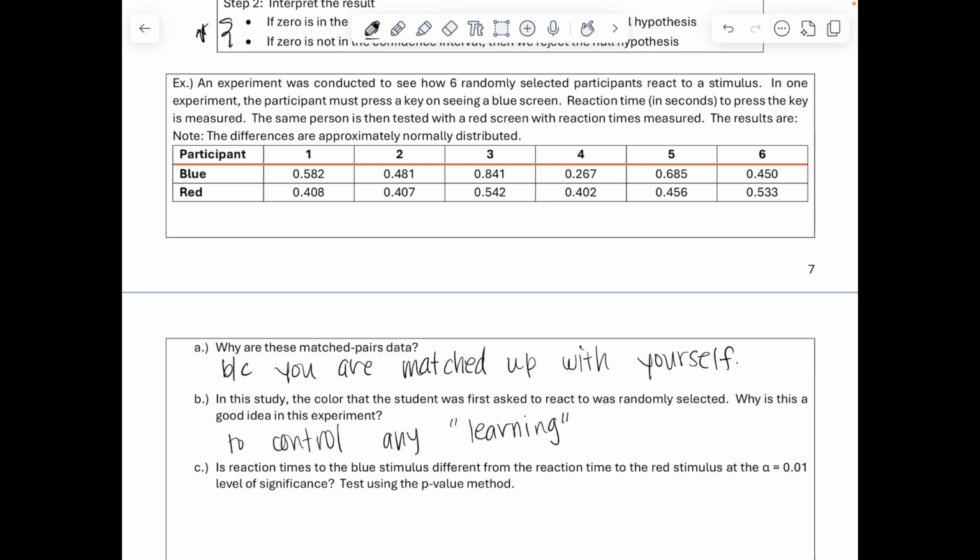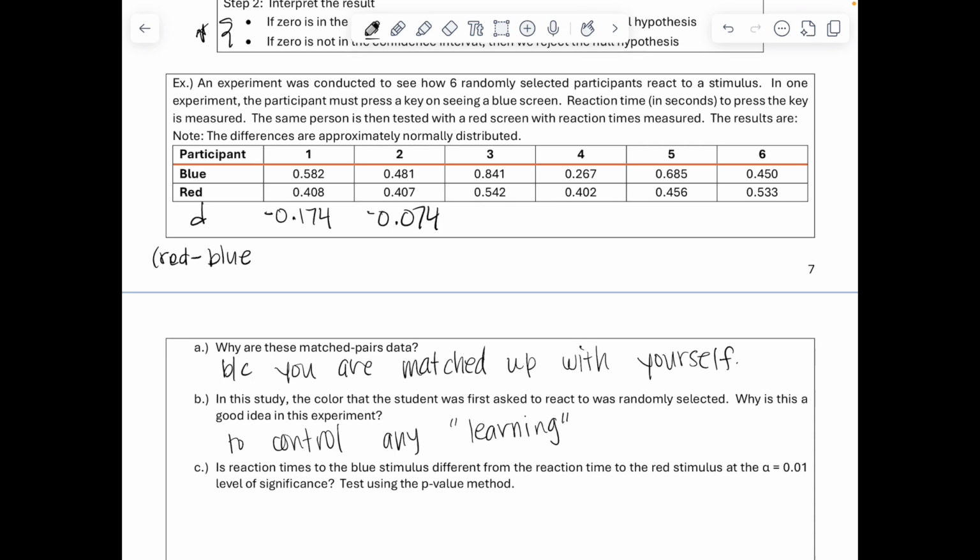So with this, we do need to calculate the differences. I'm going to go back to page 7, and I'm going to calculate these differences. For the differences, I am going to subtract, and I need to be consistent, so I'm going to do red minus blue. Subtracting red minus blue for each of these participants, I get participant 1, negative 1.174.